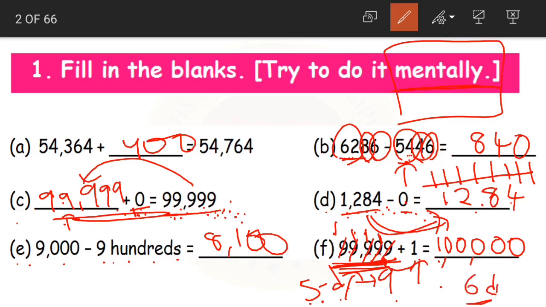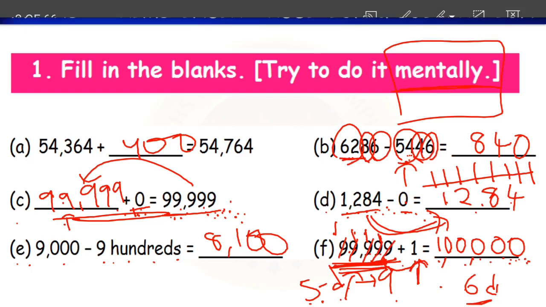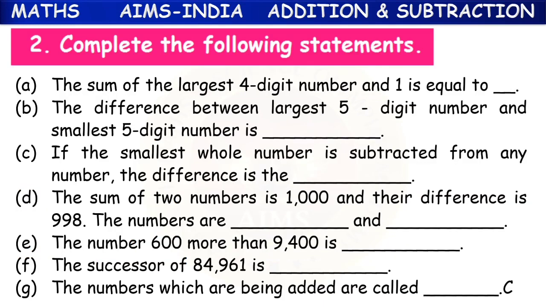So simply in the answer we can write the smallest 6-digit number, that is 1 lakh. Even if you do not add, if you use this logic, we are having the largest 5-digit number and when we add 1 to it, we get the smallest 6-digit number. Clear, children?